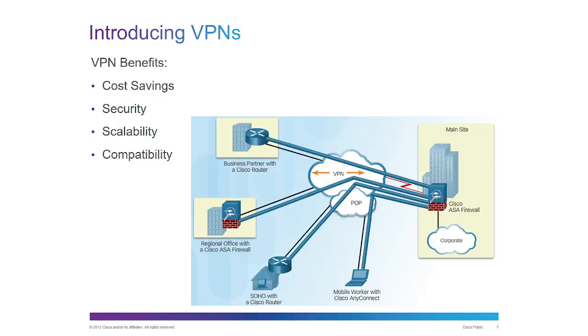So if we go back to the basics of VPNs and why we use VPNs in most enterprise environments, there are a number of benefits that we get from using VPNs. Essentially, the main thing we use VPNs for is remote connectivity, but in different circumstances.